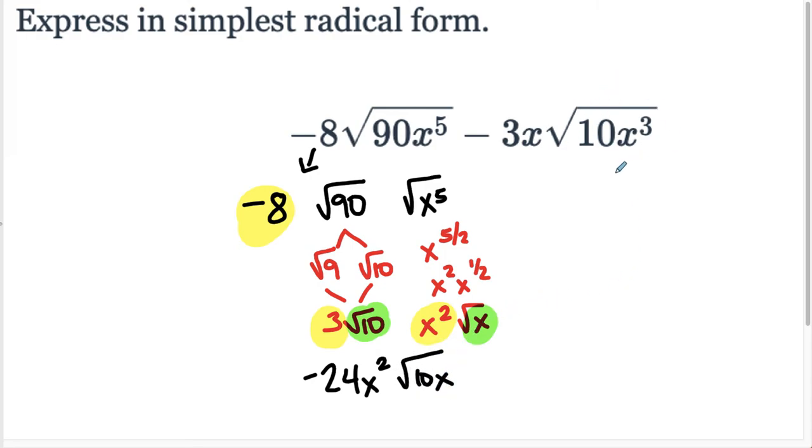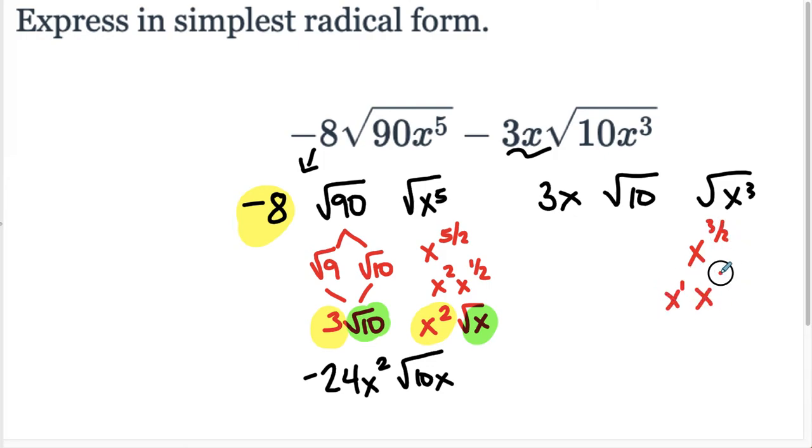All right, now the next one gets broken down into 3x, I'm just going to bring it down, and then the square root of 10, and then the square root of x cubed. The square root of 10 doesn't get broken down anymore, but I can still break down the square root of x cubed. So this becomes to the power of 3 halves, which as a mixed number is x to the 1st power and x to the 1/2 power, which then gets broken down to x and then square root of x.